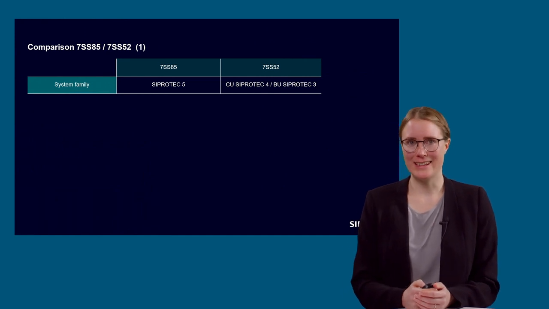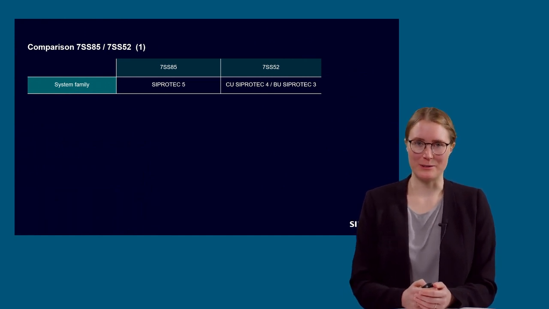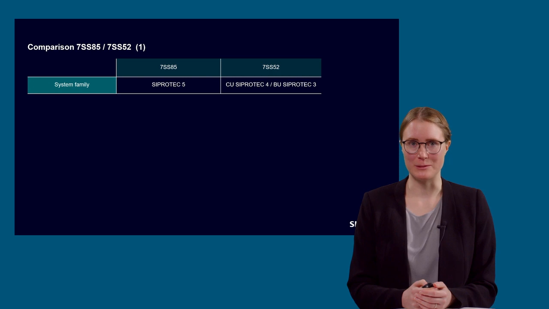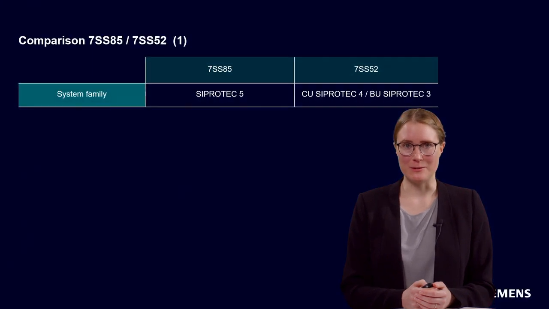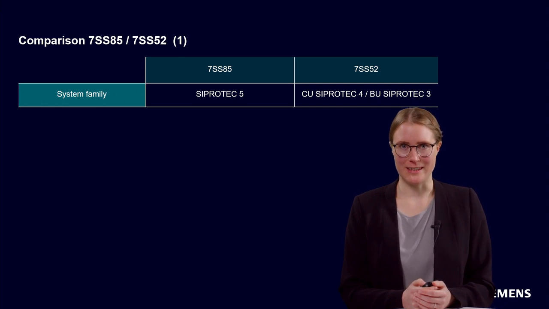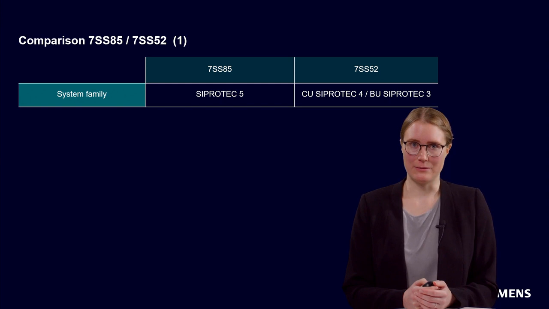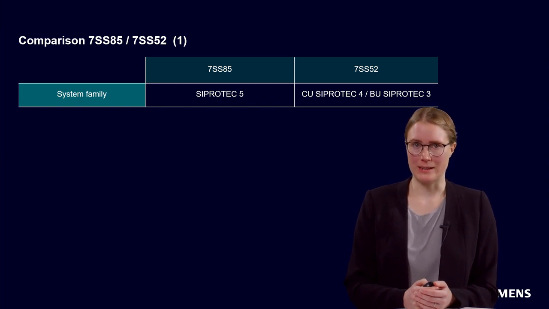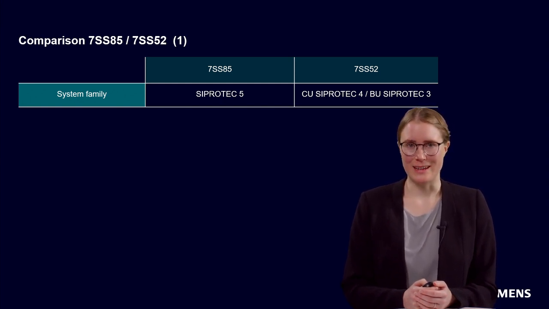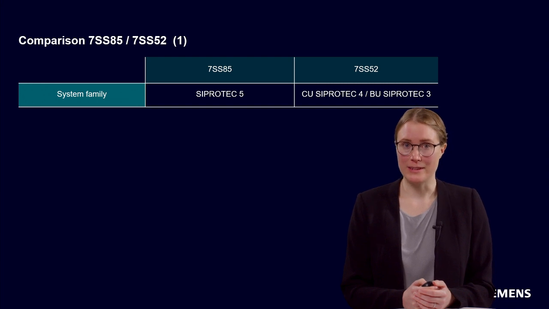Okay. In the next 2 slides I want to compare our ZIPROTEC 4 solution 7SS52 with the ZIPROTEC 5 solution 7SS85. In the system family, the 7SS85 is fully integrated in the ZIPROTEC 5 platform. With the 7SS52, the central unit is a ZIPROTEC 4 front end, specially designed for busbar protection.